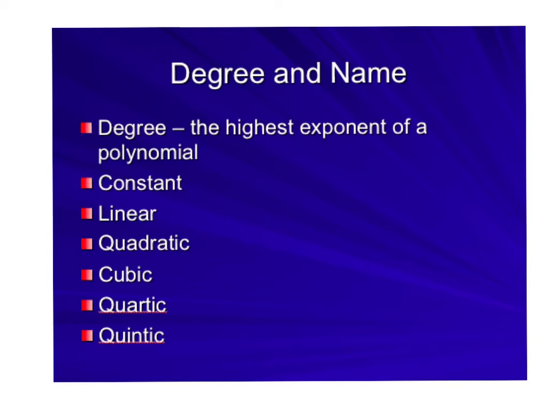Okay, and here you can see degree is the highest exponent of a polynomial. So let's actually start with one that we know, linear. We'll go back to constant in a second. A linear function, its highest degree is 1. So for example, I could put y equals 5x minus 3.